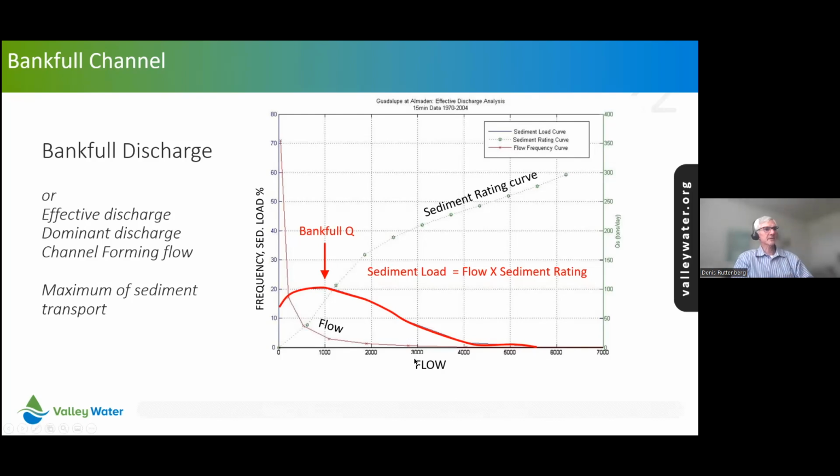So if you look at this graphic, from left to right, you have an increase in flow. I kind of traced it here, not so great. And then there's two other charts. There's the flow frequency. As the flow increases, it's less frequent. So you have a flow frequency curve.